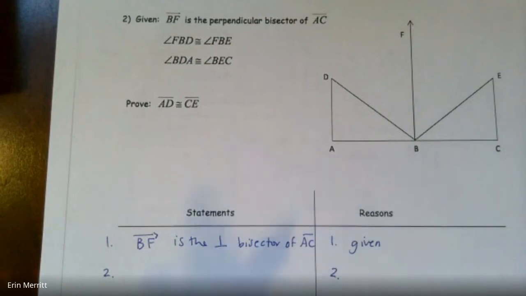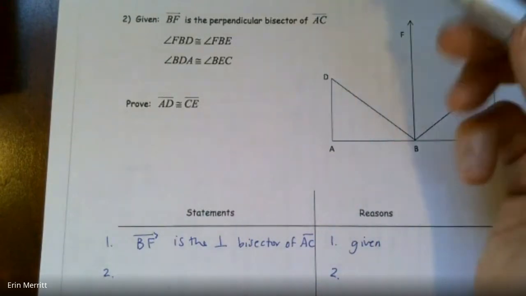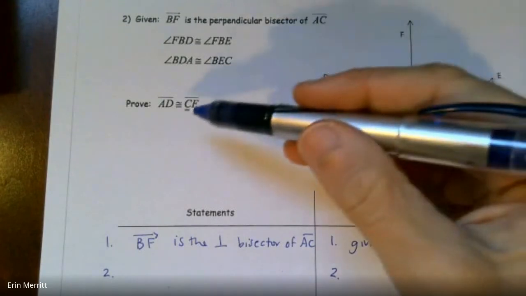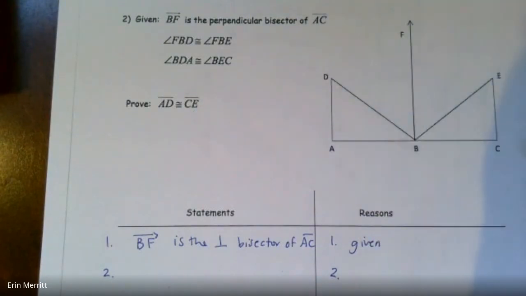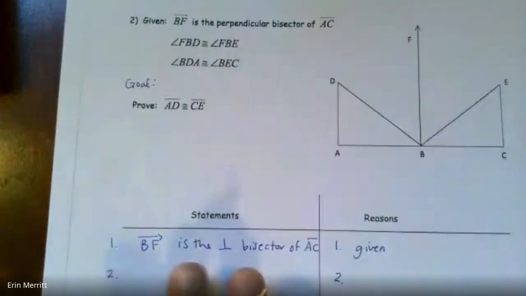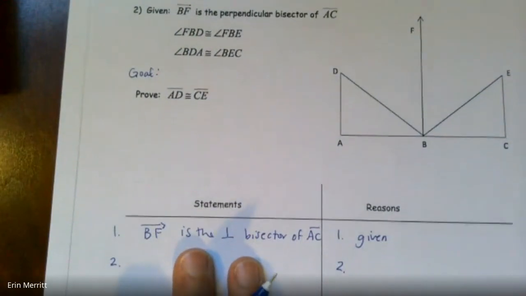All right. Now, before I get too far ahead of myself, let's look at where we're going with all this. We know we got a perpendicular line. It's going to bisect. And eventually, we're working towards AD, that segment being congruent to CE. Like you've learned, the only way we're going to get there is to prove some triangles congruent first, and then we can steal those parts.